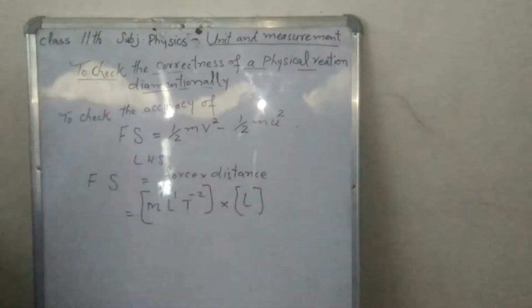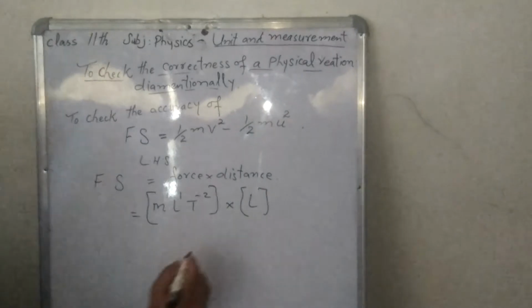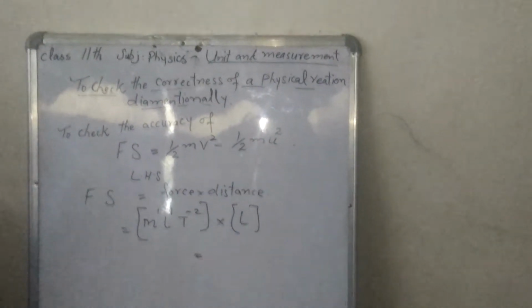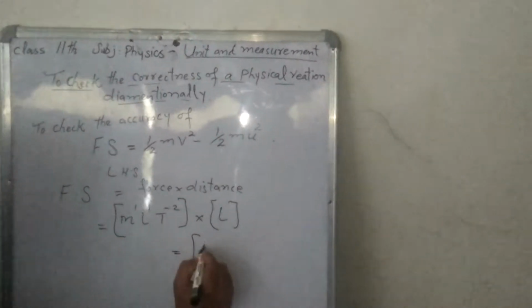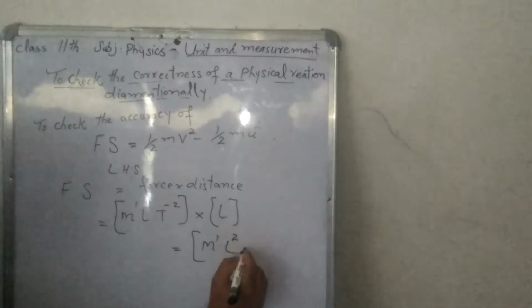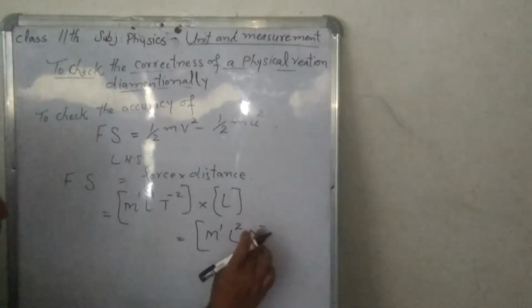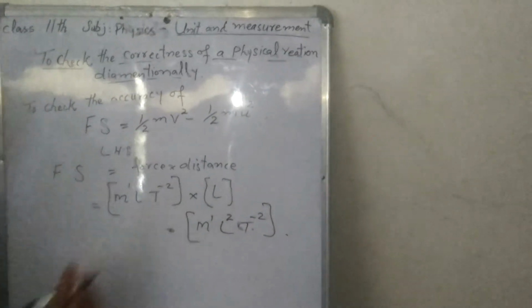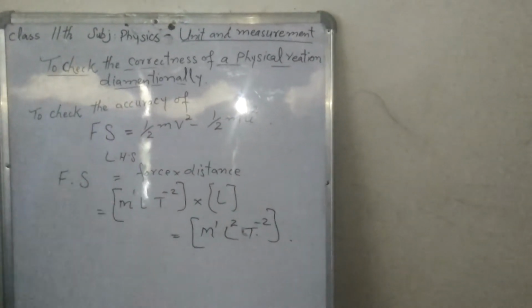Distance is dimensionally represented by L. Thus, its dimensions become M1 L2 T raised power minus 2. These are the dimensions of the left hand side, F into S.